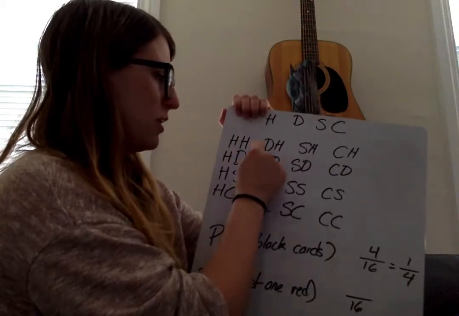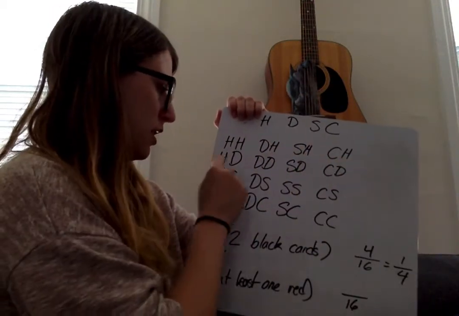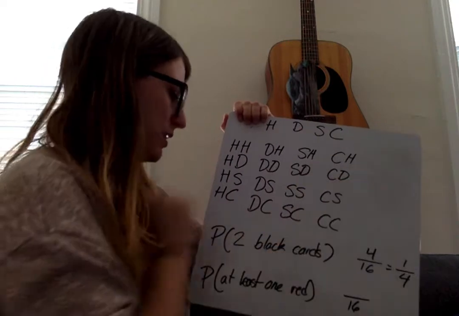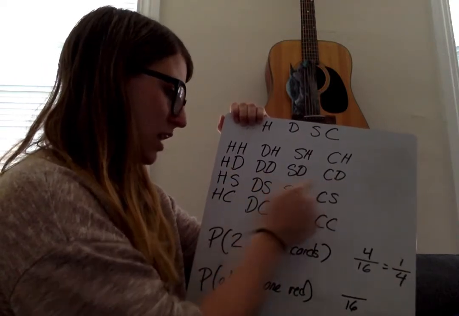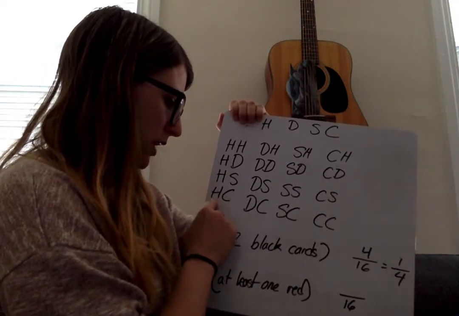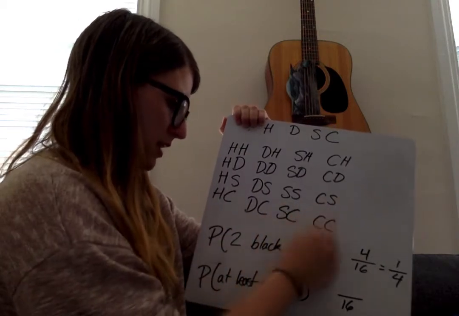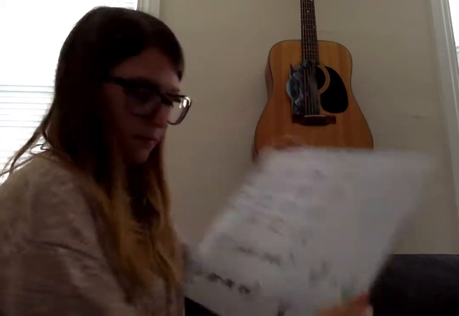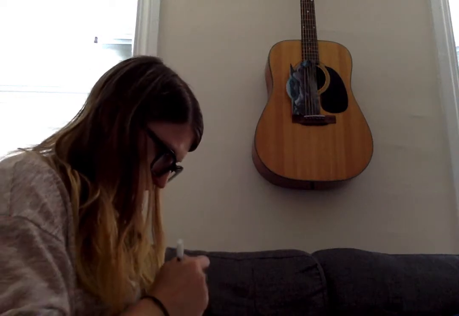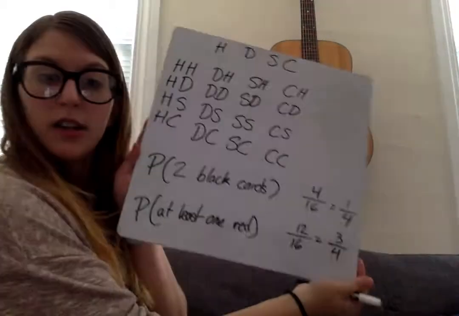So 1, 2, 3, 4, 5, 6, 7, 8, 9, 10, skip, skip, 11, 12, skip, skip. 12. And that, when I simplify, is 3/4.